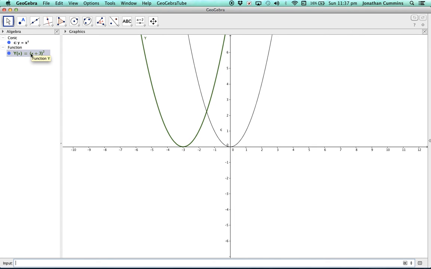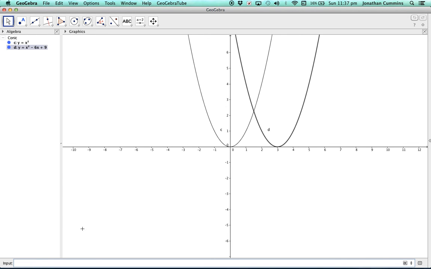So even though it's a plus 3 in the function, the effect it has is to shift it to the left. And similarly, if we get rid of that and type in y equals x minus 3 squared, it actually shifts it to the right so that the vertex ends up at plus 3.